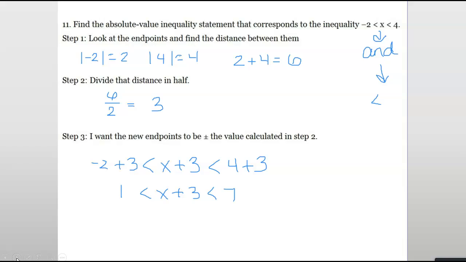So we're going to pick the less than part of the equation. So x plus 3 is less than 7. So we can say that the absolute value of x plus 3 is less than 7. And that would create our absolute value equation.